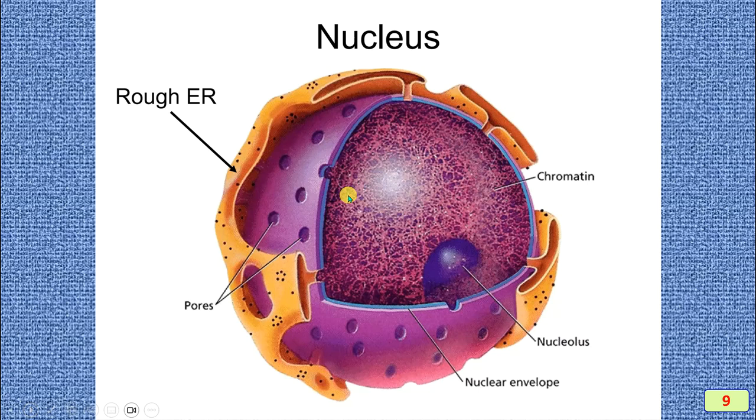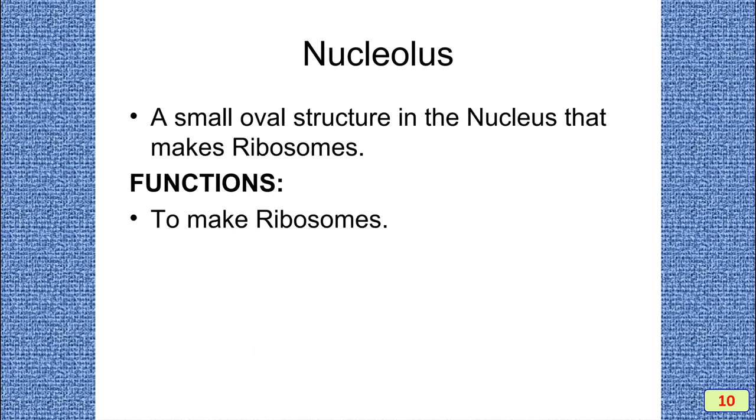Then very near to the nucleus, the nucleolus is inside the cell. Then nuclear envelopes are present. Then chromatin is the one which has the colored granules. And there are certain pores, and the materials will move from outside to inside the nucleus through these pores. Then the nucleolus is an oval structure in the nucleus that makes the ribosomes.